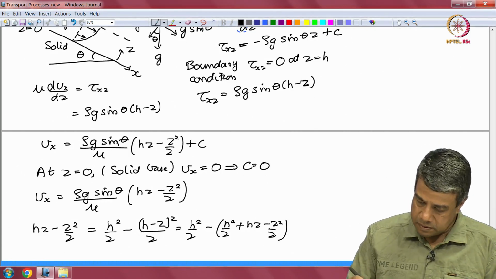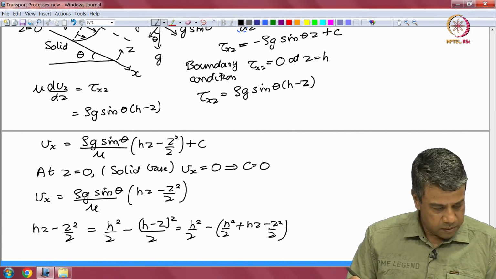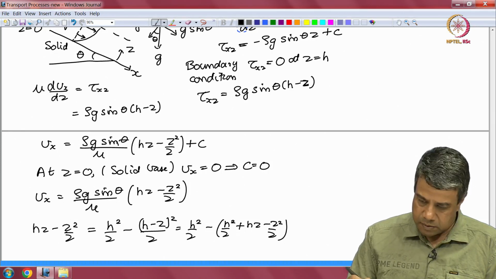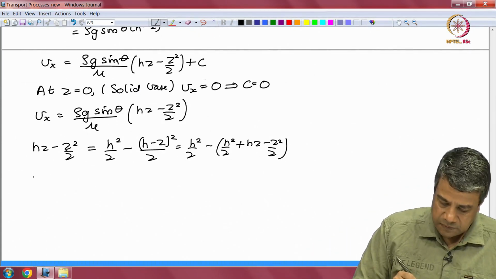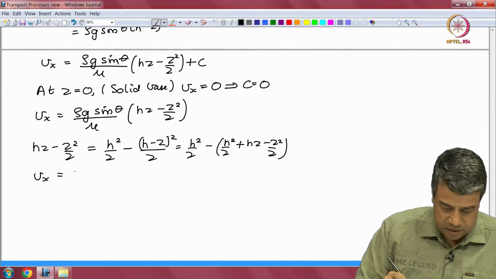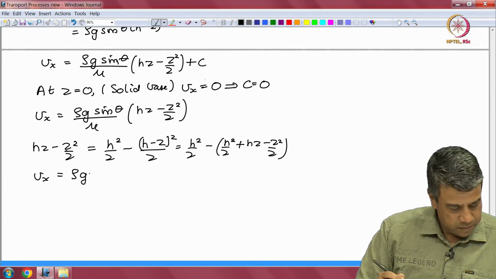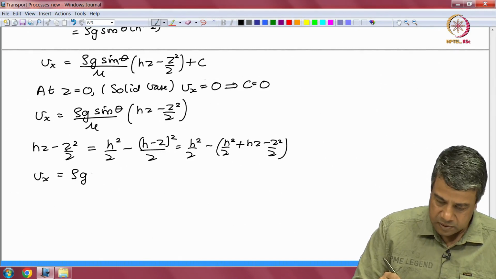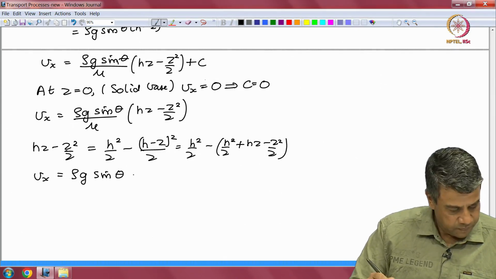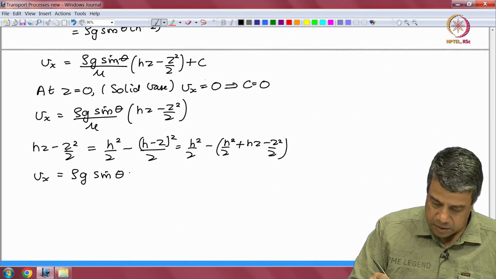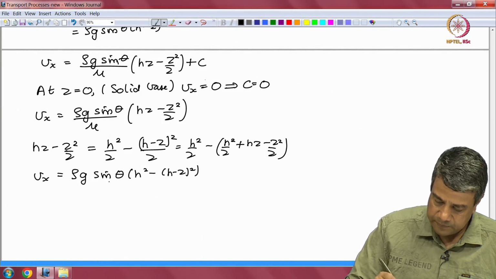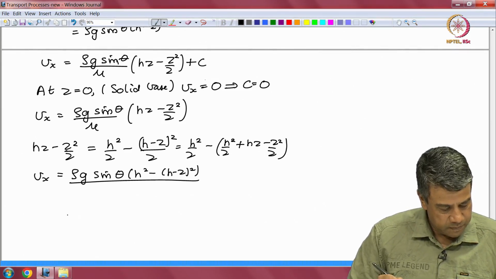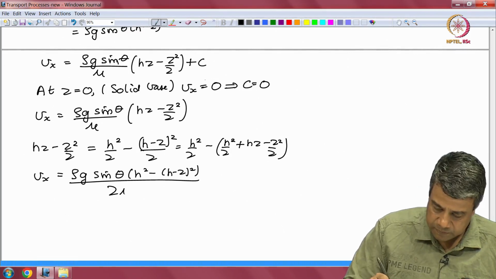So, therefore, the velocity Vx can be written as rho g sin theta into h square minus h minus z the whole square divided by 2 mu.